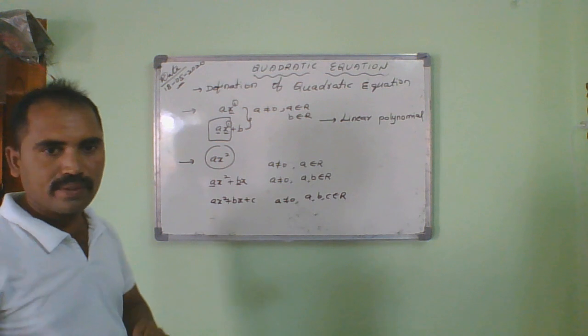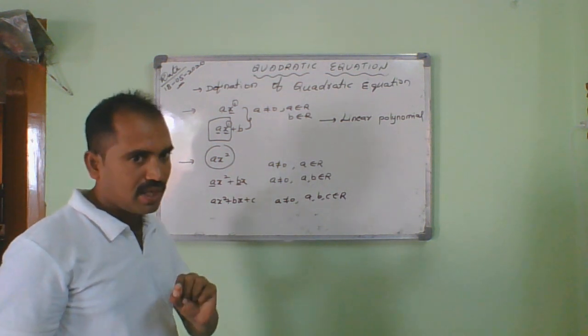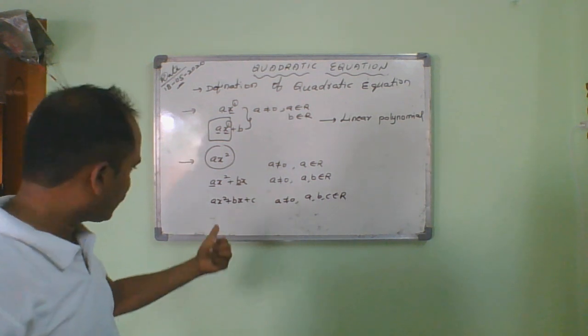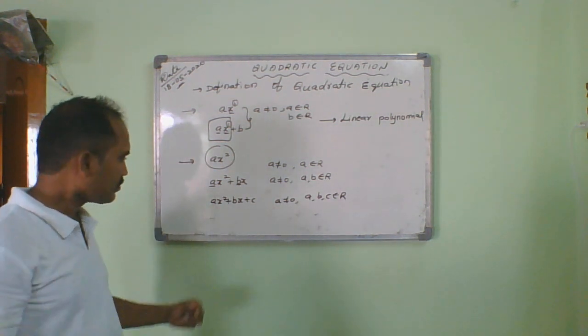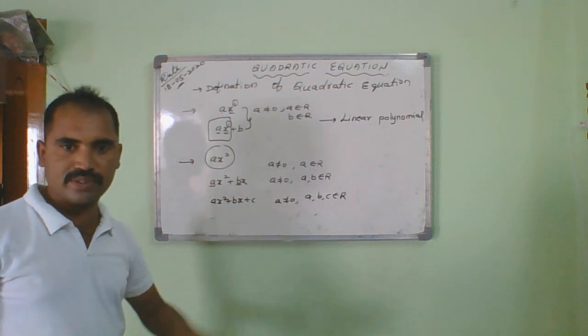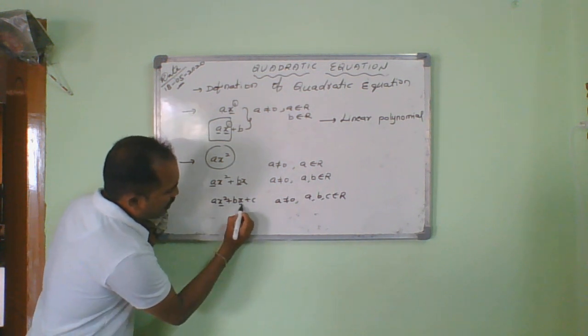I told you already, if an expression is a polynomial, you need to check the powers of the variable. What is the variable here? Here the variable is x. Very good. And what about a, b, and c? They are real numbers, right? We'll check the powers of the variable. Here is the variable. Here is the variable.